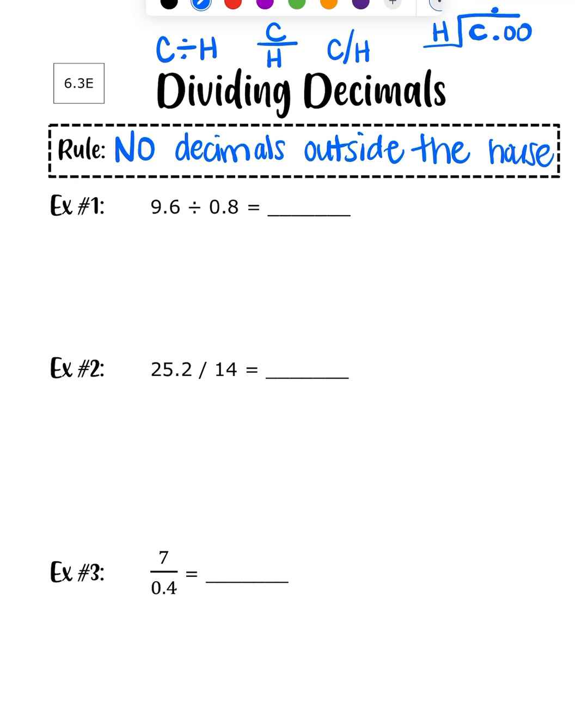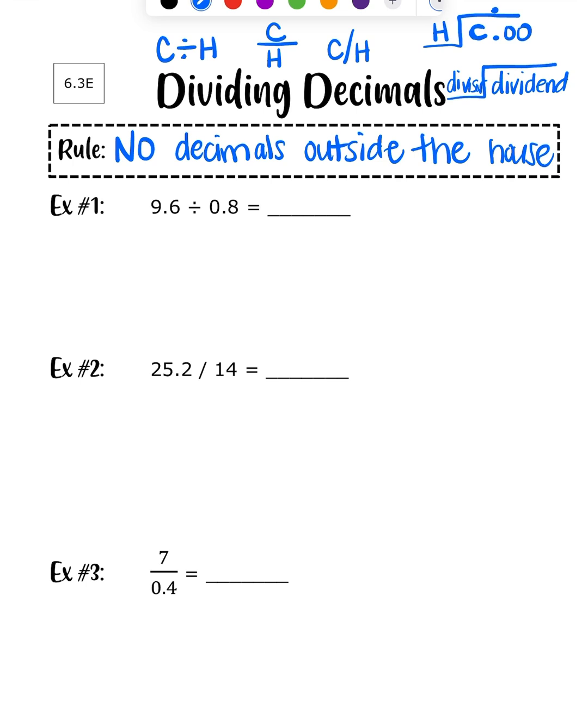Remember, this is just a new take on your divisor, right? Your divisor's outside and your dividend is inside. Dividend and divisor. Okay, so let's go through some examples. So remember, no decimals outside the house.